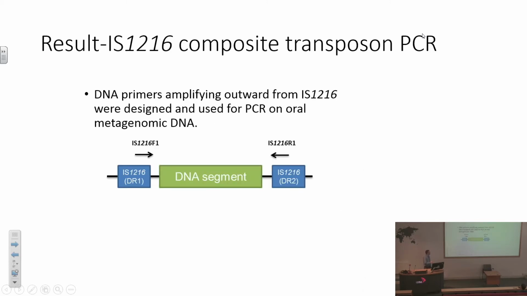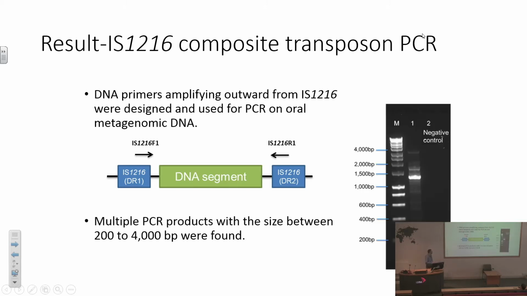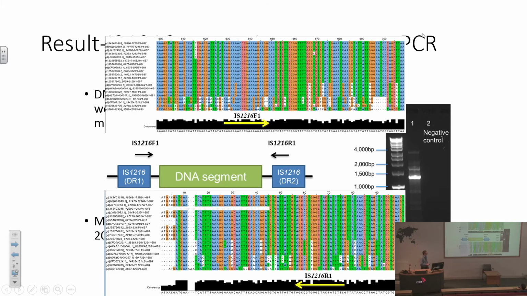So the PhD student designed primers after aligning all of the IS1216 elements known to humankind. He came up with some primers to amplify the internal region of any composite transposons. Multiple PCR products were obtained, and these were all cloned into an amplicon library and sequenced until saturation.